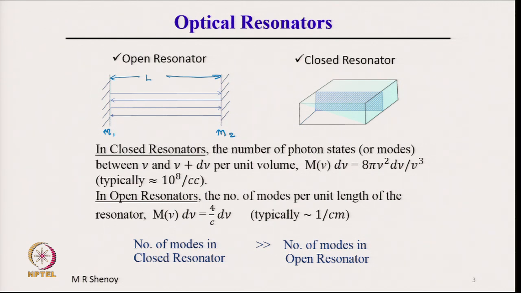In a closed resonator, this is like a solid, let us say a cube, where from a purely ray optics approach, different ray paths are possible which can result in standing waves inside the resonator. For example, if I were to show standing waves, they would correspond to the rays which are going, I am just illustrating.